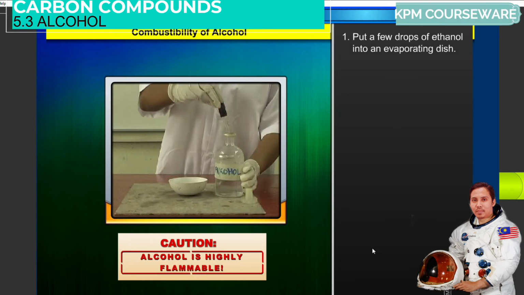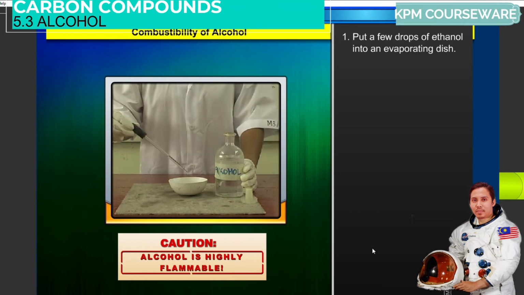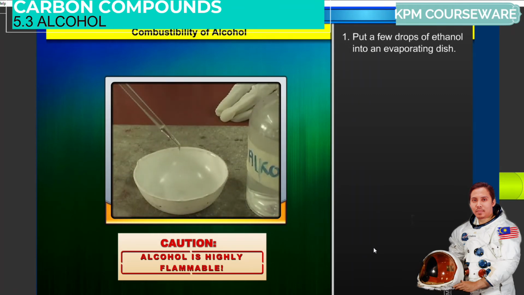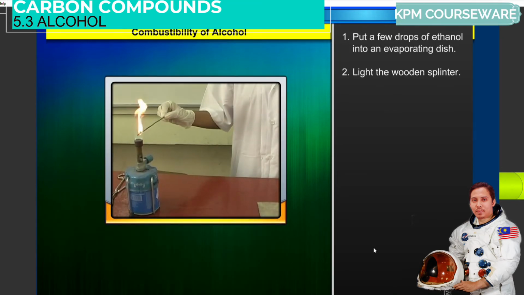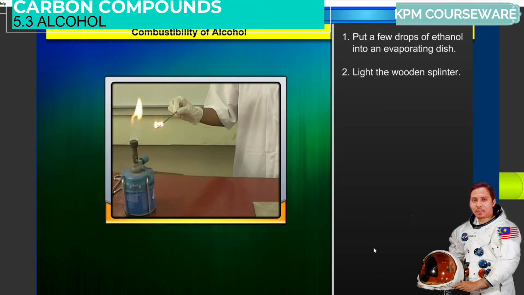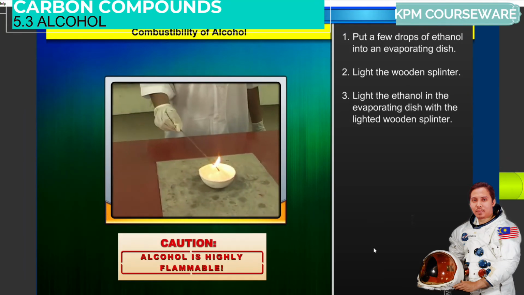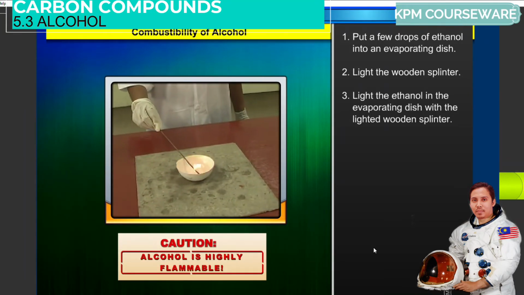Put a few drops of ethanol into an evaporating dish. Light the wooden splinter. Light the ethanol in the evaporating dish with the lighted wooden splinter.